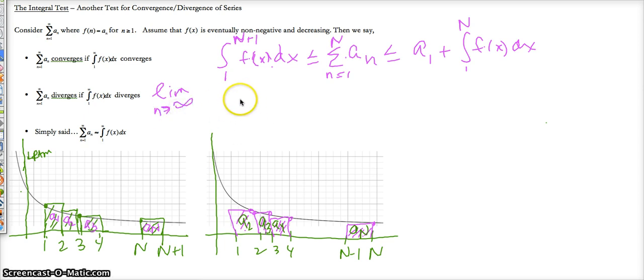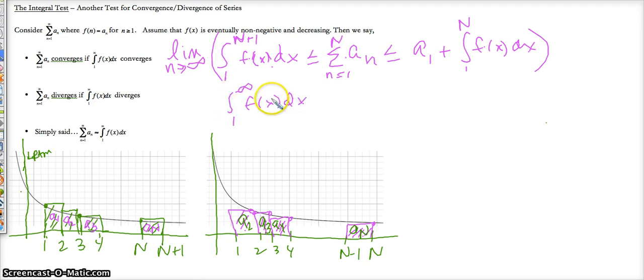So if I take the limit as N approaches infinity of that entire thing, what does that tell me? Well, here's what it tells me. Infinity plus 1 is still infinity, so the integral from 1 to infinity of f of x dx is less than or equal to, now since N is approaching infinity, this finite series has now become infinite.